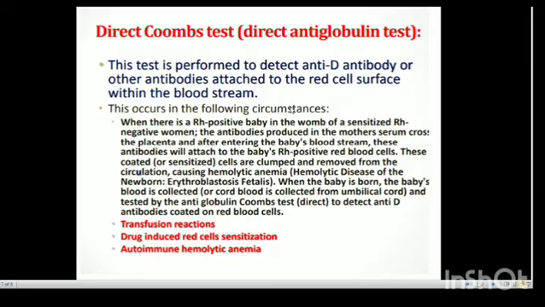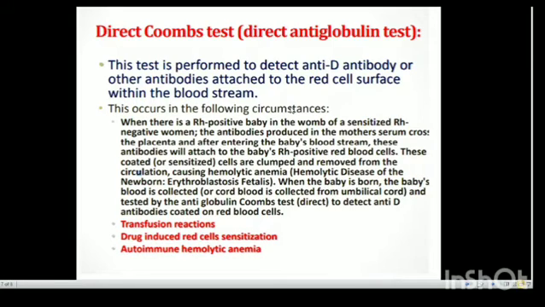Now the direct Coomb's test, or direct anti-globulin test, is performed to detect anti-D antibodies or other antibodies attached to the red cell surface within the bloodstream. This occurs in what we all know as hemolytic disease of the newborn.